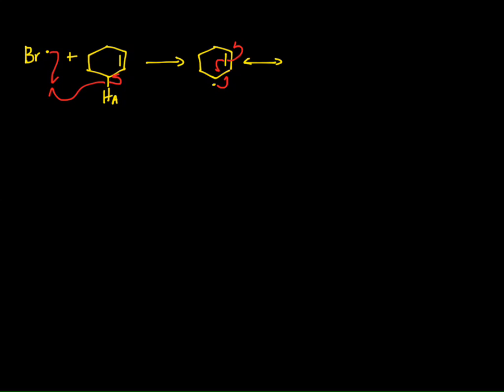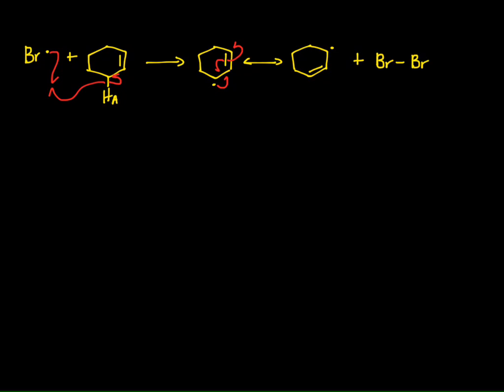And the other pi electron goes to that upper carbon. And so the result is another allylic radical. So these two allylic radicals, they're identical in energy, and so they're going to be in resonance with one another, delocalizing that radical one electron.